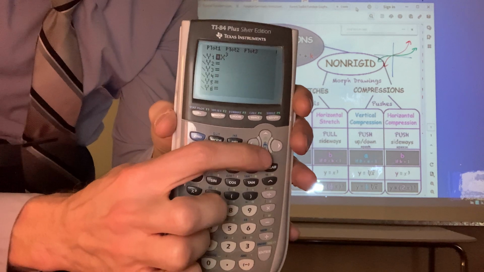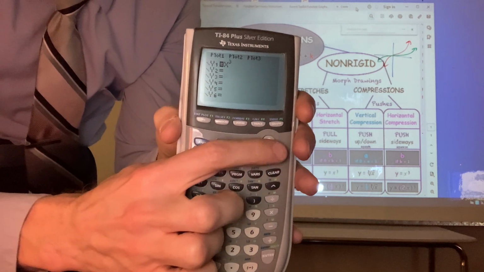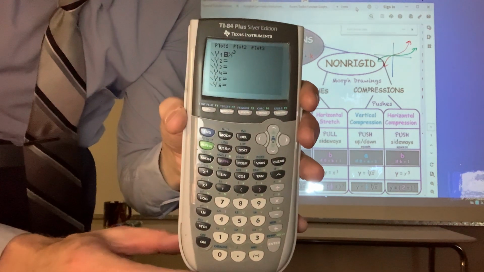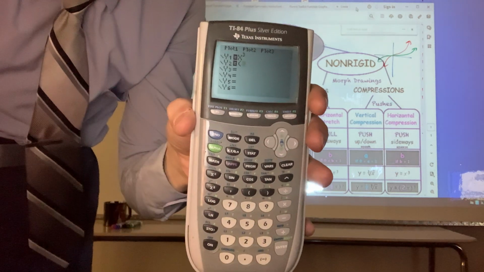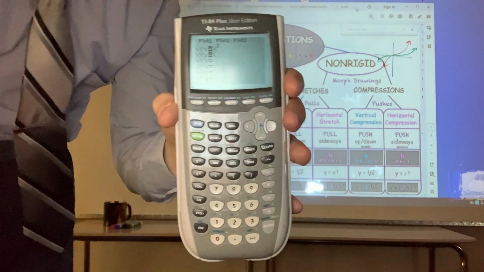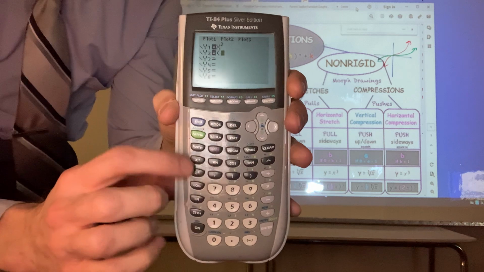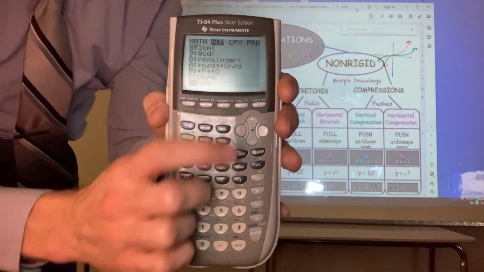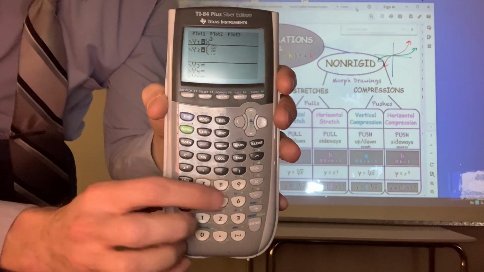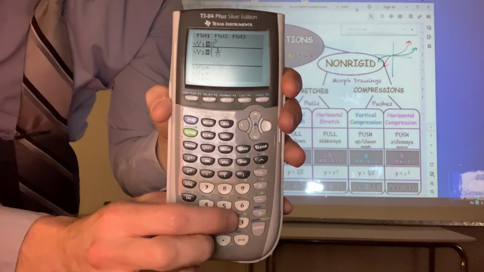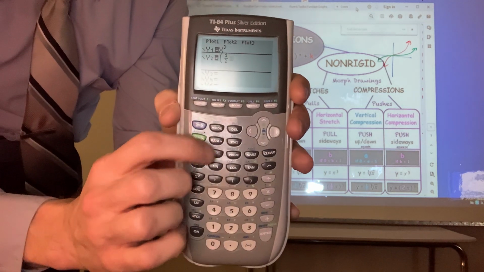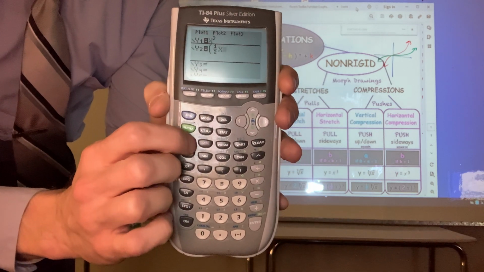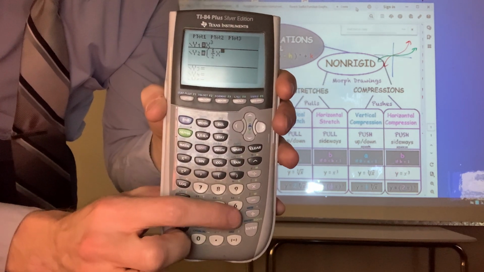Now here, put a parentheses in here, and then choose a half. You could do 1/2, but I just prefer to have it in the fraction style myself. So I'm going to do that. 1/2. Now put x, and then caret.